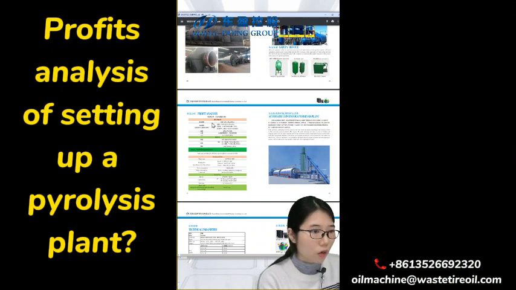So it will cost you 1,200 Chinese yuan per day for the extra heating fuel. And it will also need electricity. It will be 20 kilowatts per hour, so it will cost you 200 Chinese yuan per day. And for the water, it is circulating, so almost no need.